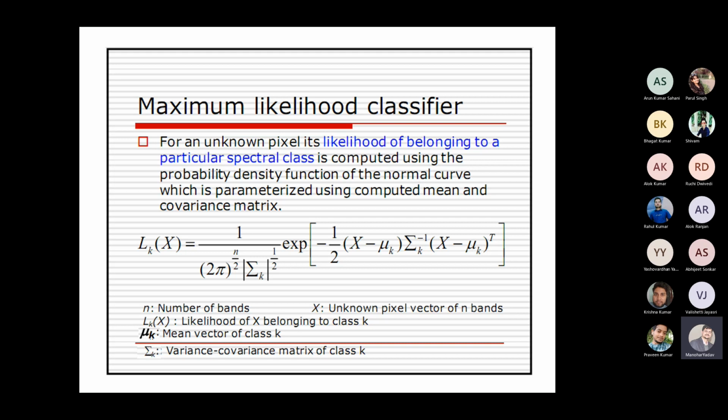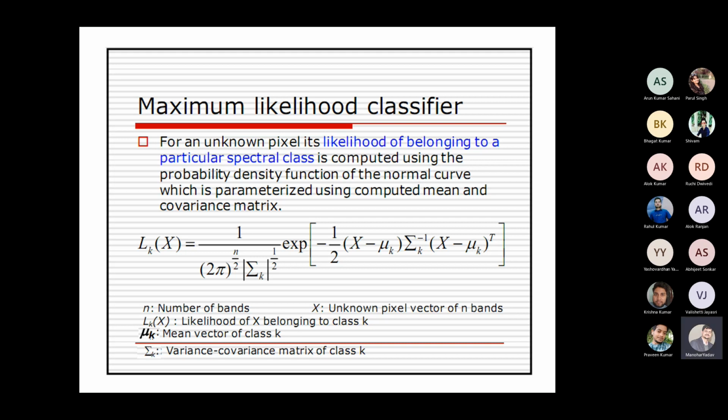I have a query. Let's say we have five classes in the image. We want to classify an image into 5 classes, and for each class we have collected training samples.